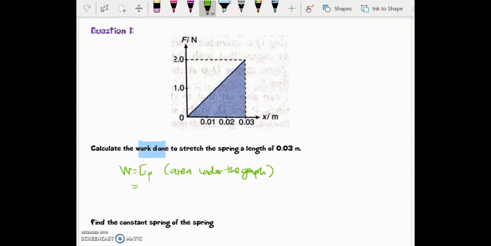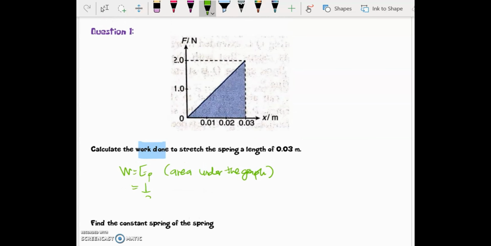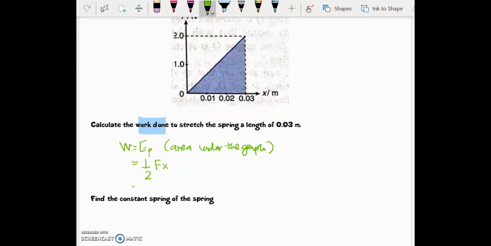So area under the graph is represented by half times F times x. Half times 2 times 0.03, you will get 0.03 joule, because the unit for work done or energy is joule.